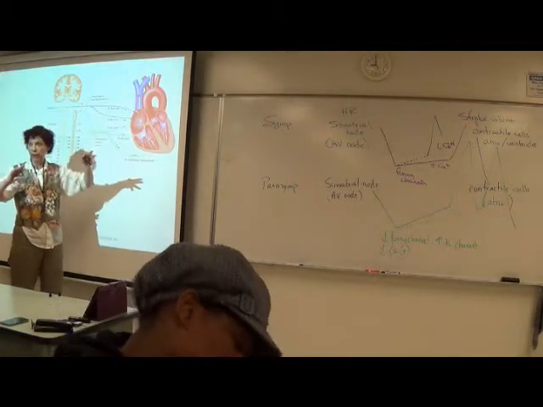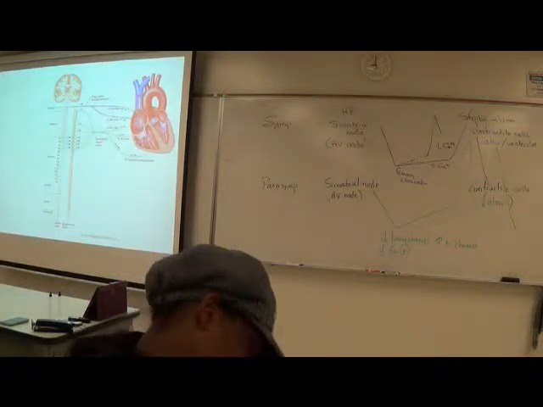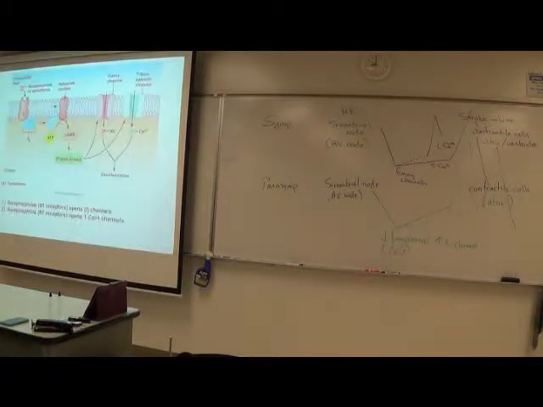So out of our formula, heart rate times stroke volume affects cardiac output. So if heart rate increases and our stroke volume remains the same, cardiac output is going to go up. If our heart rate decreases and stroke volume remains the same, cardiac output is going to go down. Okay. Now let's look at stroke volume.